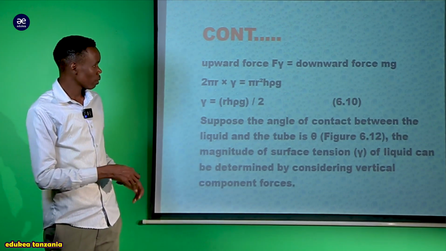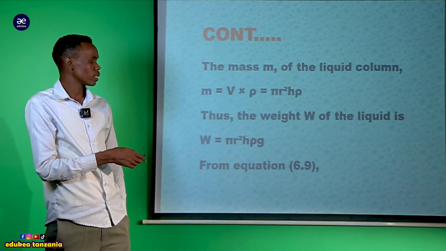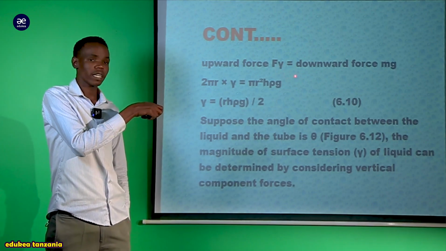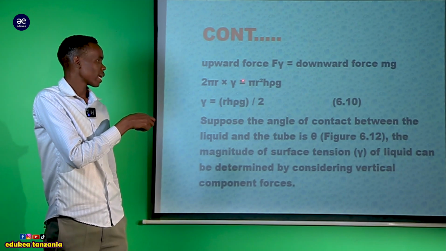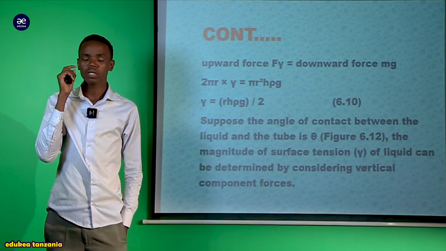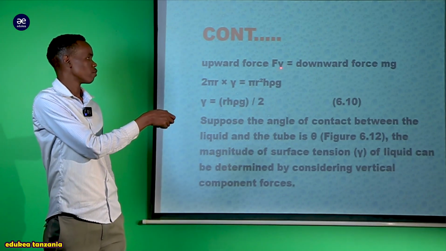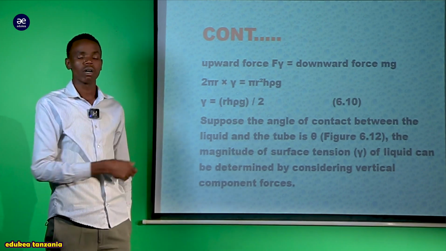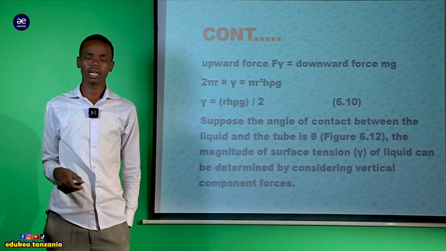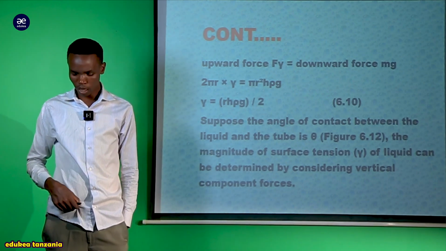Now, we tried to demonstrate in our equation number 6.9 that F, the force due to surface tension, must be equal to 2 pi r times the surface tension. It means instead of writing this F, we are supposed to substitute 2 pi r times the surface tension, which is equal to pi r square h times the density times the acceleration due to gravity.